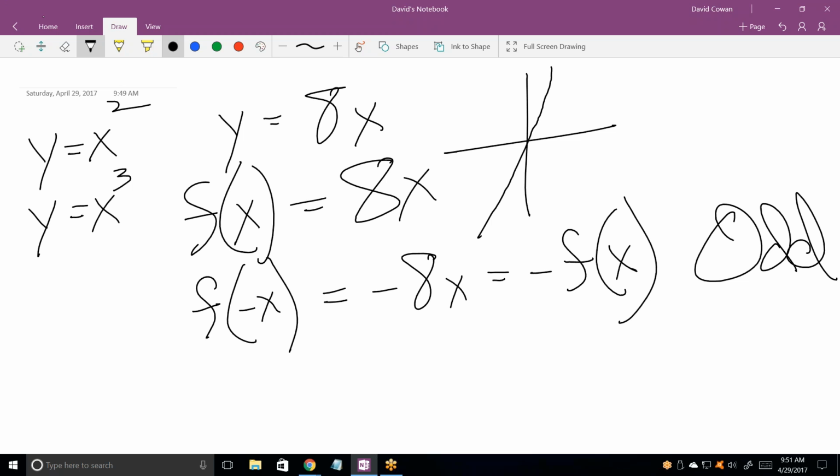Getting a note, degraded audio. Can you still hear me okay, Max? Max, can you hear me? Hey, yeah. Okay. I don't know what happened. My GoToMeeting said I had degraded audio for a moment. But of these two functions over here on the far left, which one's even and which one's odd? Still there, Max?